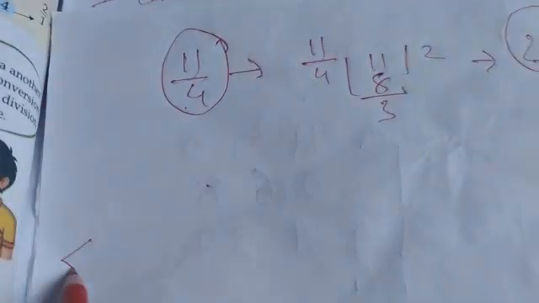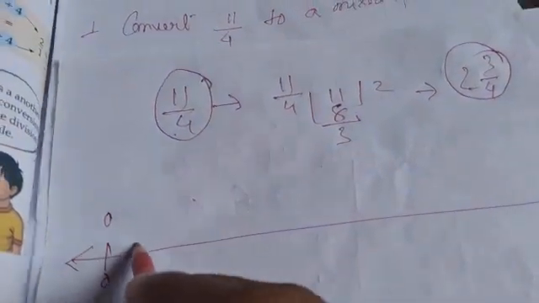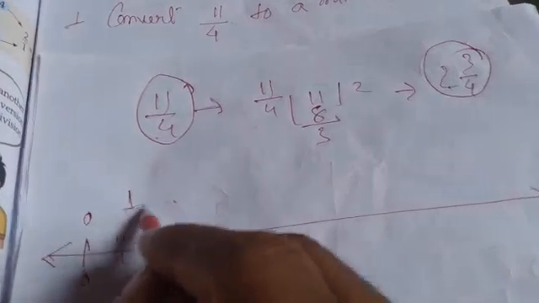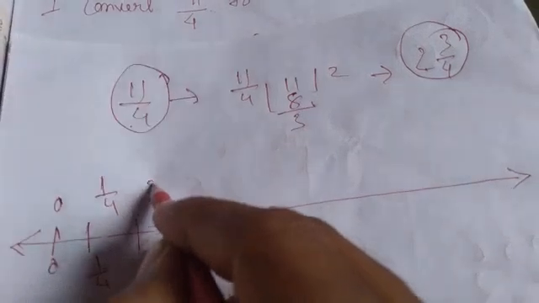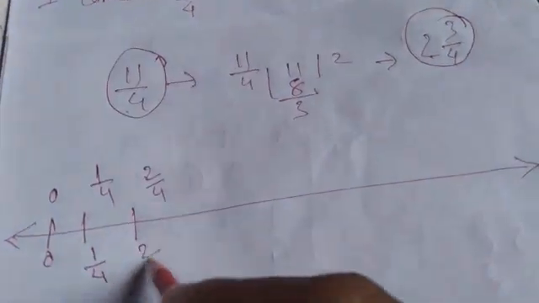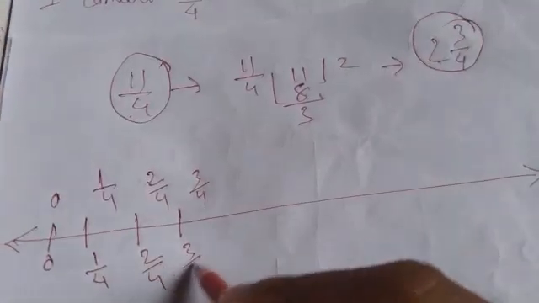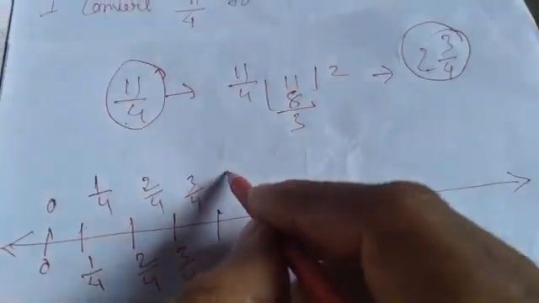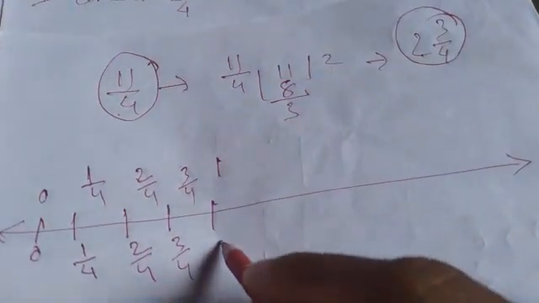First we'll draw the line, put 0 here, then 1 by 4, then 2 by 4, then 3 by 4, and then put 4 by 4. Since 4 by 4 is cut, it becomes 1.